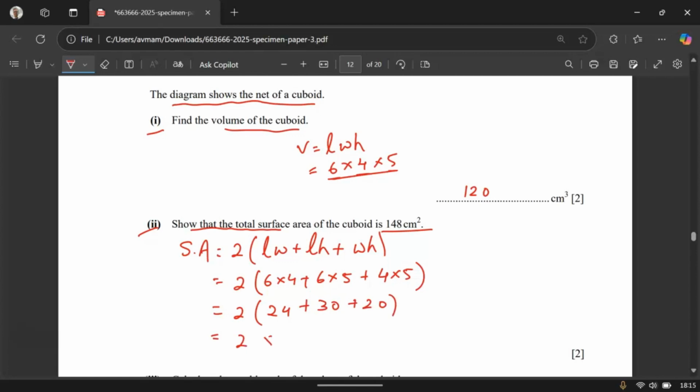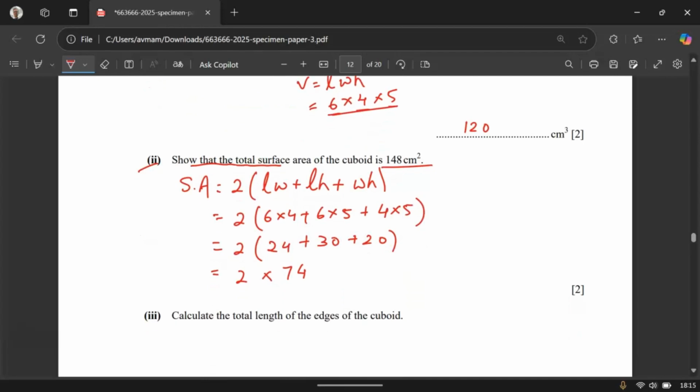And then that will give you 2 times 74. And then 2 times 74 is 148 square centimeters. Number 3, calculate the total length of the edges of the cuboid.